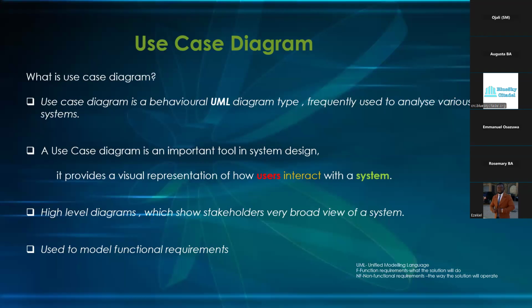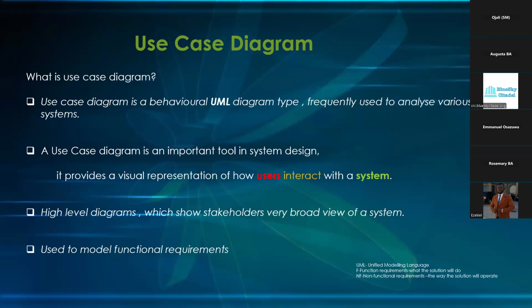Your user story is more detailed, but your use case diagram is a high level diagram. It doesn't give you details of how the system works. It just gives you an idea how the system will behave.